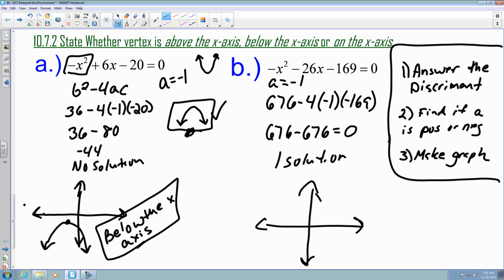But in this case, it really didn't matter if A was positive or negative, because since there's only one solution, our vertex is on the x-axis. So because we only have one solution, we can conclude that it is on the x-axis.